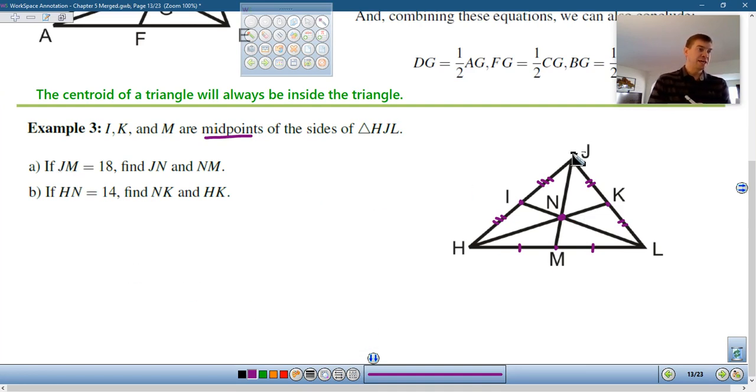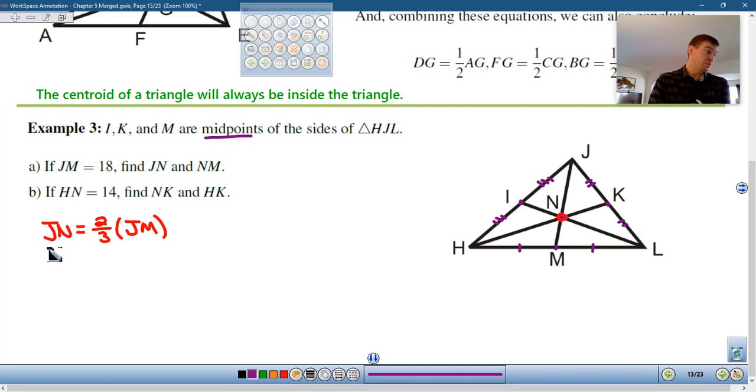Now we are told that JM has a length of 18, and we're asked to find JN. So here's what I'm going to write. Since we know that this is the centroid, JN is actually 2/3 of JM. Now I'm going to fill in some of the numbers.